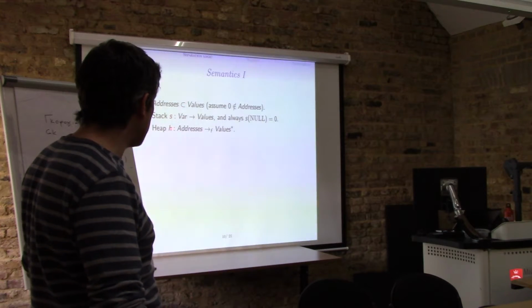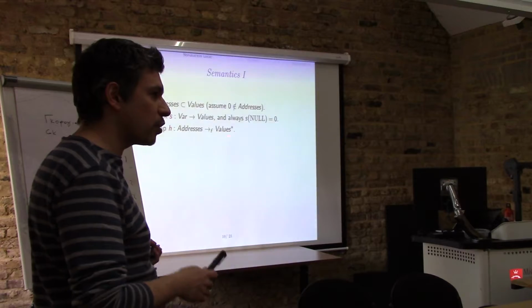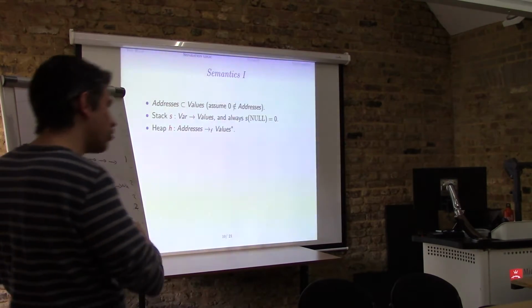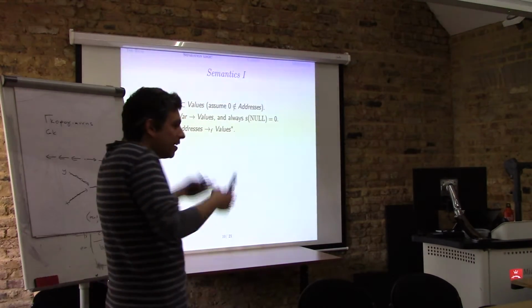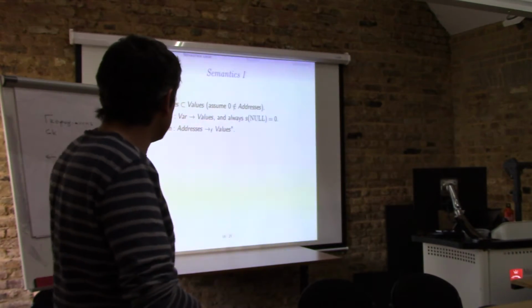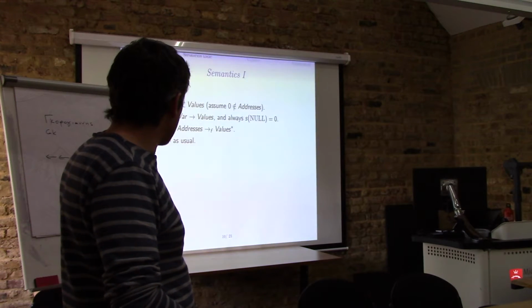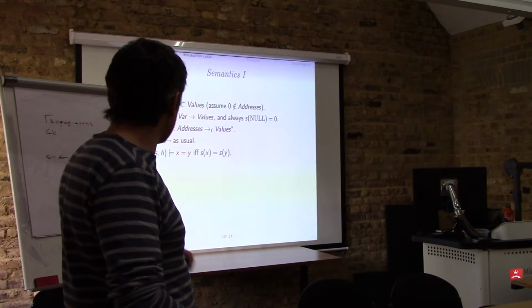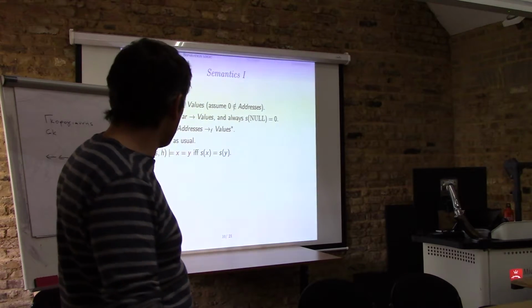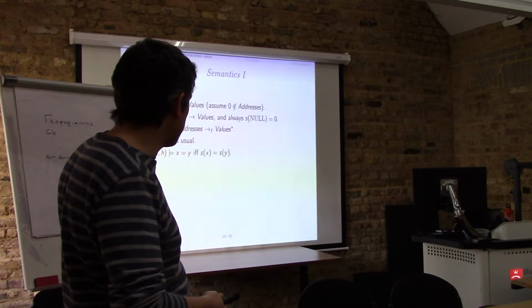So that's the heap. Now it's important to remind you that this is going to be a finite function. Our address space may be infinite, but any given heap only ever has finite memory allocated in it. The Boolean connectors as usual. And this is the satisfaction relation. So a model now is going to be a pair of a stack or a store and a heap.